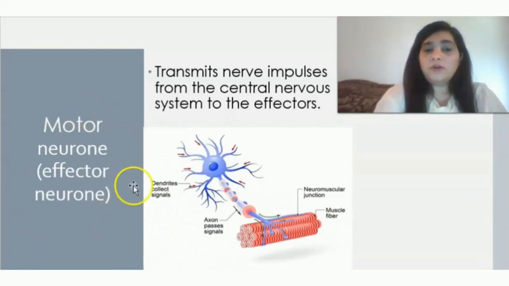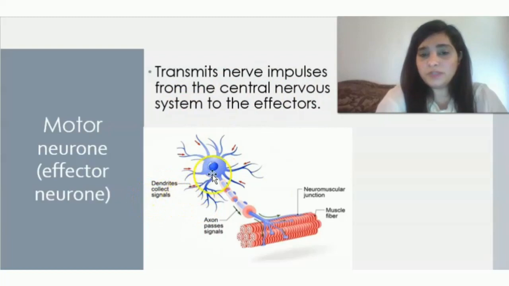Motor neuron, also known as effector neuron. They transmit nerve impulses from the central nervous system to the effector. So here is a diagram that shows a motor neuron. It contains dendrites that collect signals. The signals move towards the cell body. You can see the arrow over here. So the message is transmitted towards the cell body with the help of dendrites.